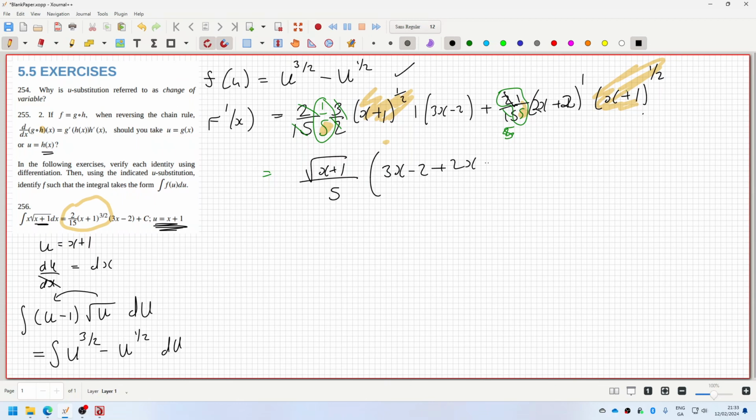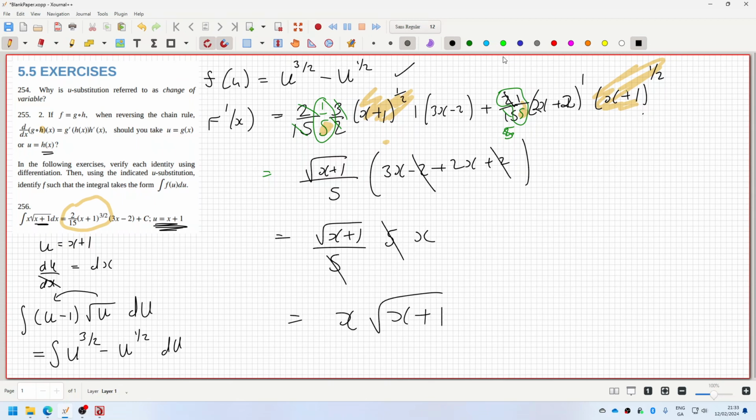Plus 2x plus 2. Ah, maybe that was it. The multiplying by 2 I might have missed. Because now these cancel. And that's root x plus 1 over 5 times 5x. And the 5's cancel. And that's left with x root x plus 1. So, good. We've confirmed that the derivative works. And we've written this in the form that they want.